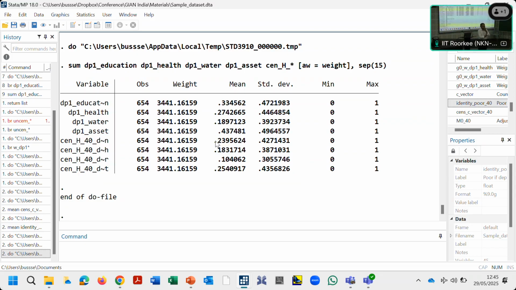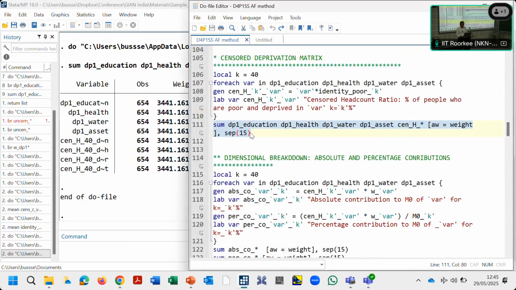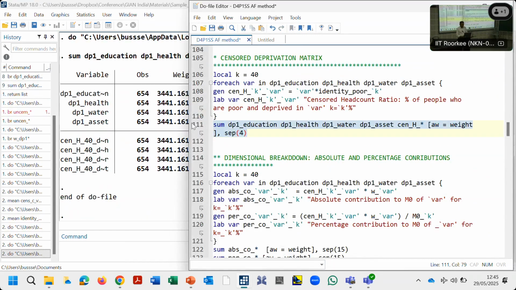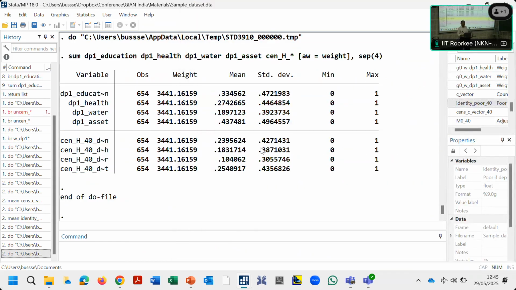It is easier for me to read with a separator of 15. So if you have 15 rows, then you will be separated and then you will continue and so on. So you can run it with 4 separator. Let's see. So if you have, say, separator equal to 4, let's see if it works. Yeah, you have a separator of 4. So after 4, you have a separator.